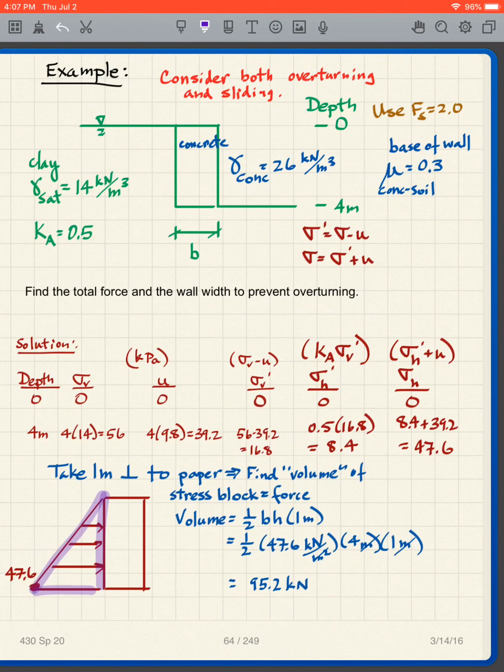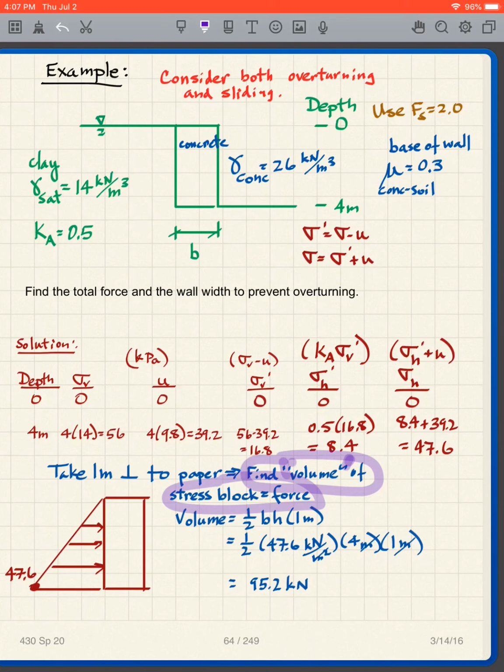And I need to convert that stress into a force to do my analysis. I can't do my analyses with stresses. I have to use forces. So how do I convert the stress to the force? Well, if you remember from your statics, I find the volume, quote, the volume of the stress block is the force.